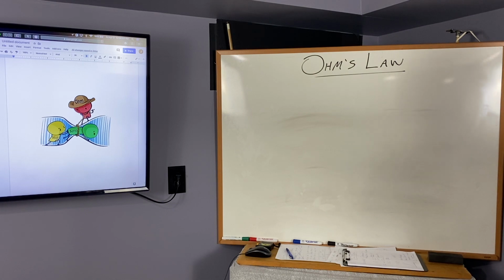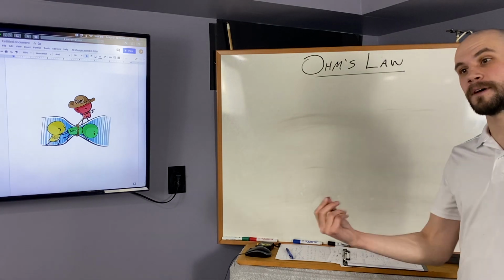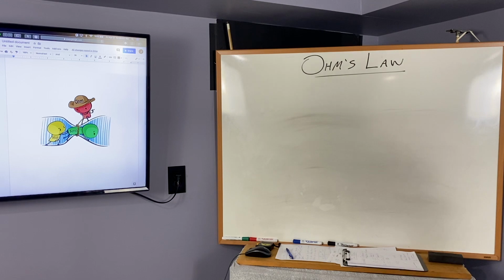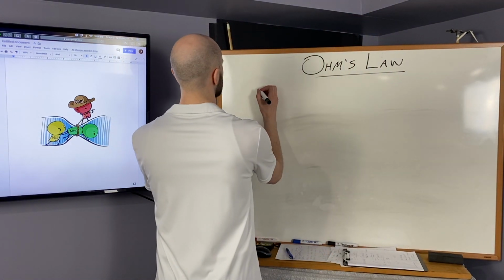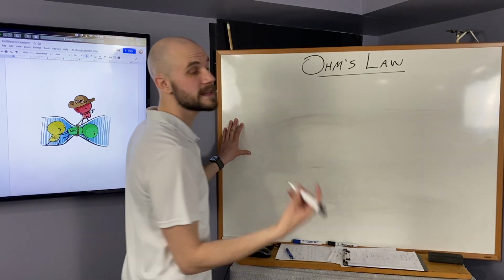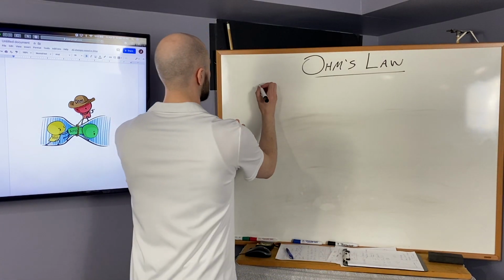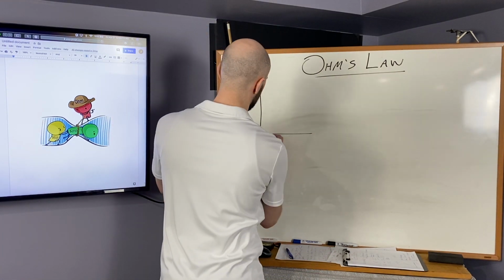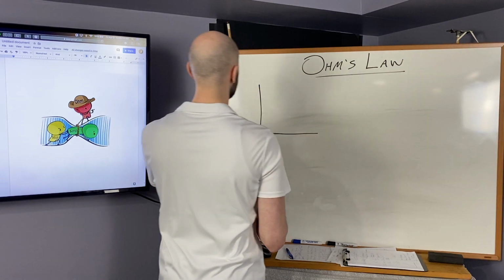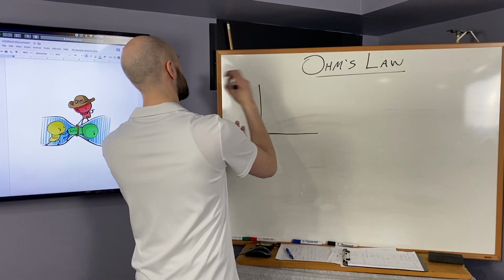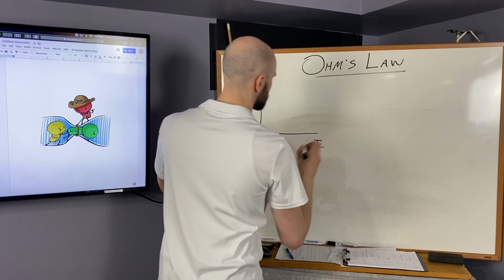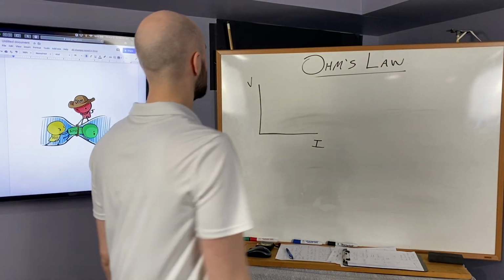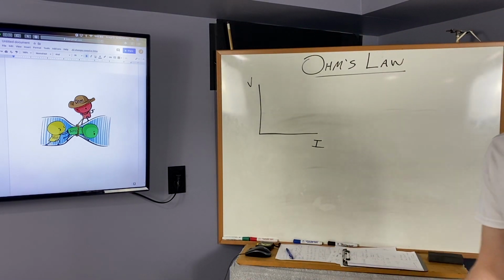Before I go forward to some examples, trying to find some of the quantities of interest, I want to talk about a graph real quick. Let's say we're looking at that circuit that I drew before, and just like you did with voltage and current, we're looking at that resistor in our circuit.